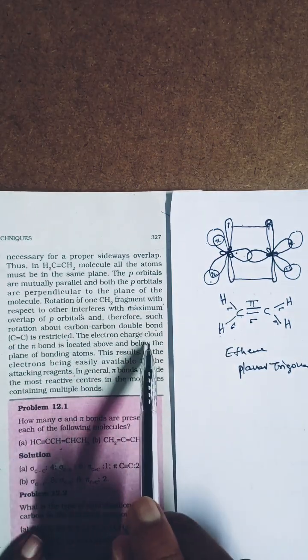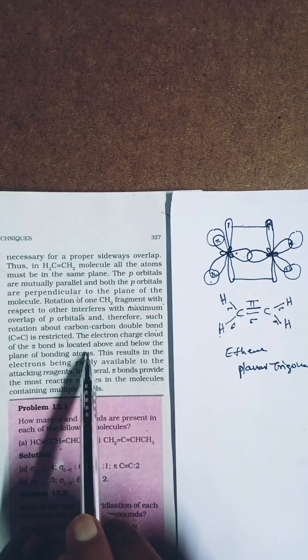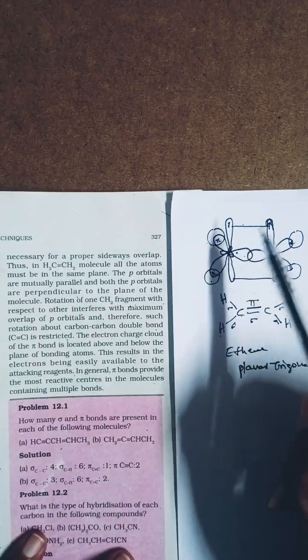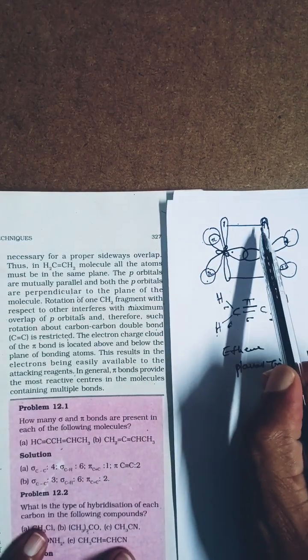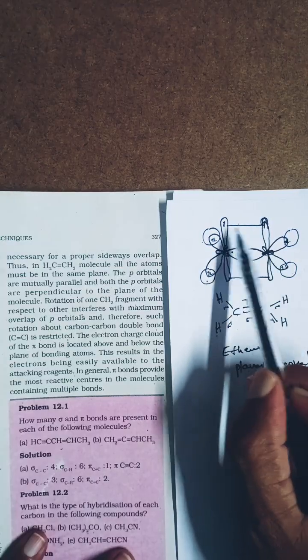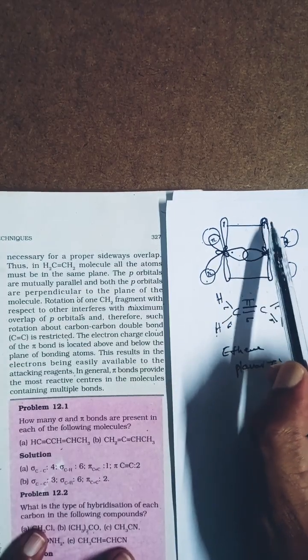The electron charge cloud of the pi bond is located above and below the plane of the bonding. So here this is electron, this is electron. We represented it with a line, but actually it is like an electron cloud here and an electron cloud here.